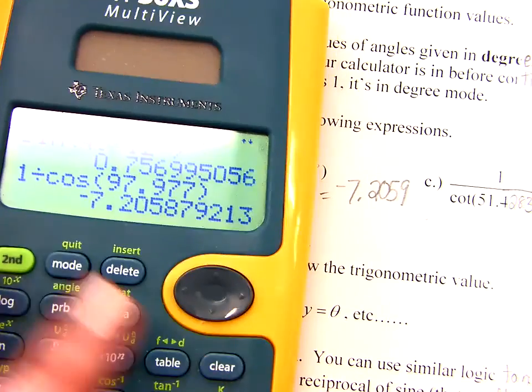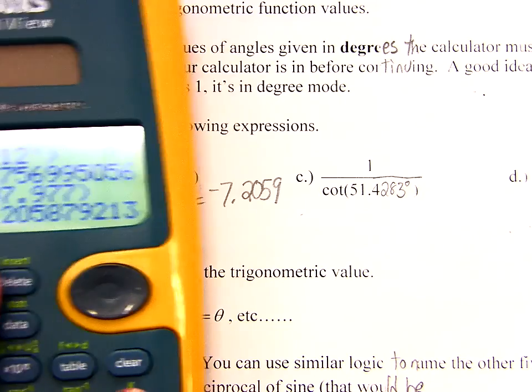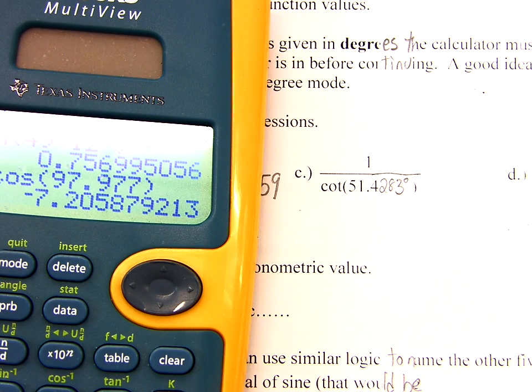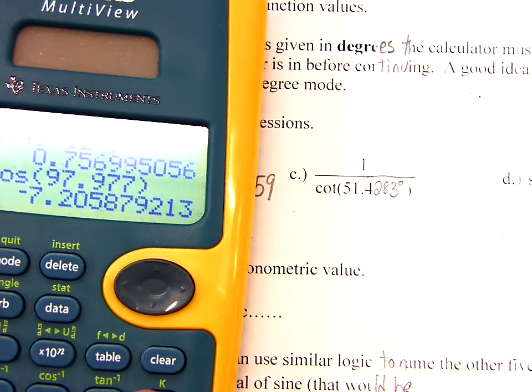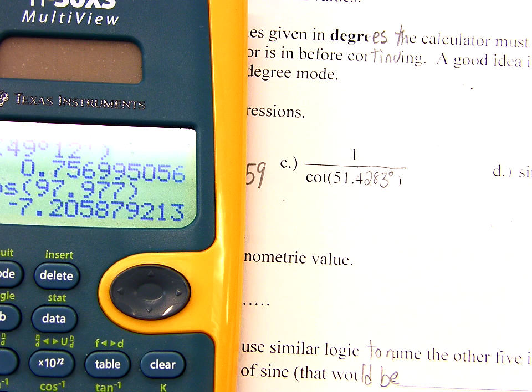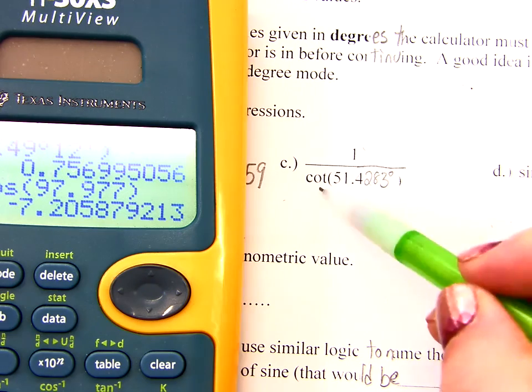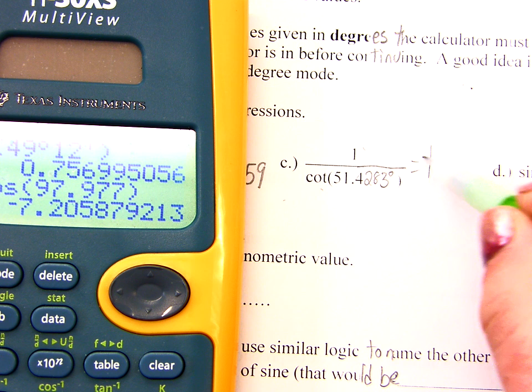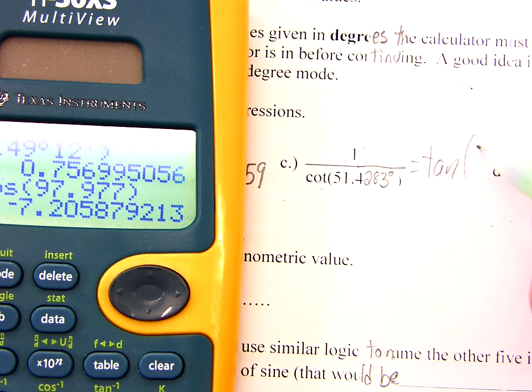Now, C is interesting. You could, or if you recognize 1 over cotangent is the same thing as just tangent. So this is the same thing as just tangent of the angle, 51.4283.